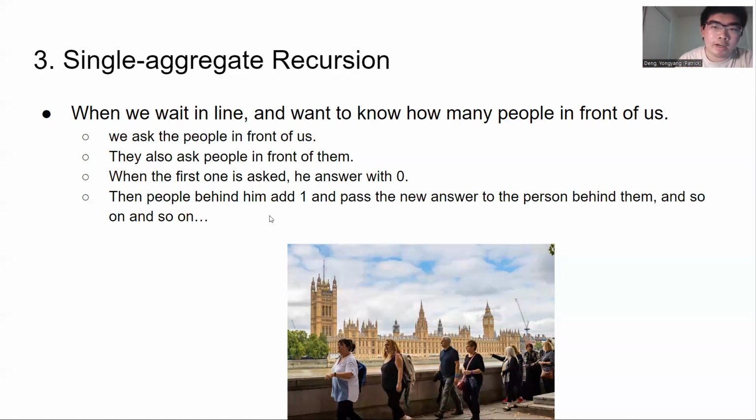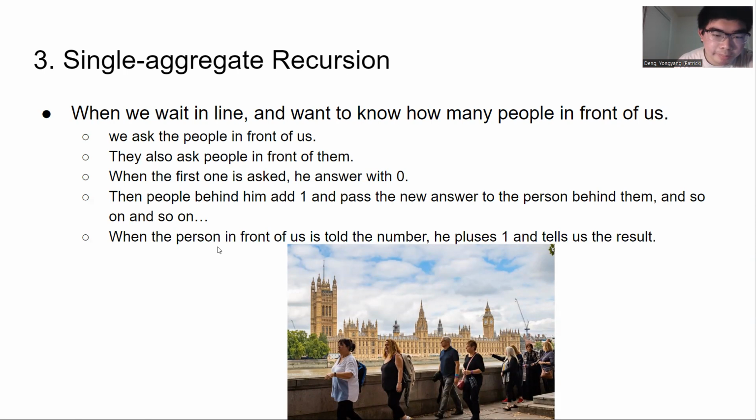So every time people receive the answer, they add 1, including himself, and then pass the new answer to the person behind them, and so on and so on. When the person in front of us is told the number, he adds 1 and tells us the result.